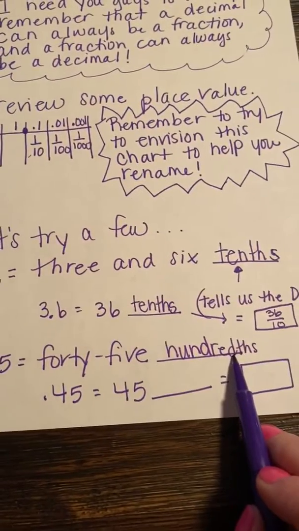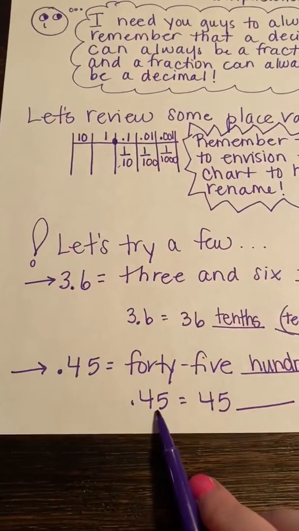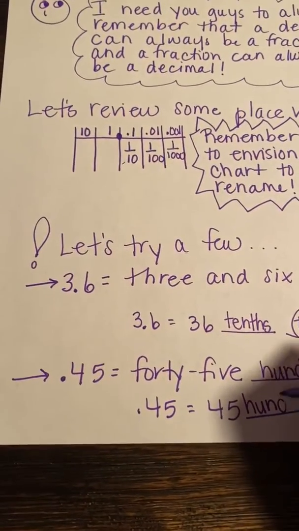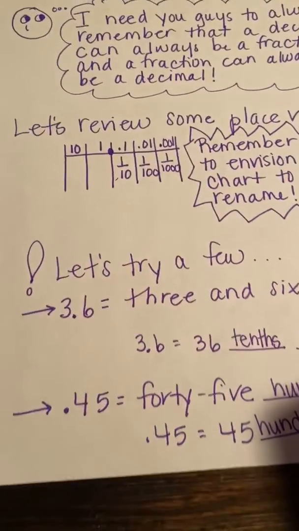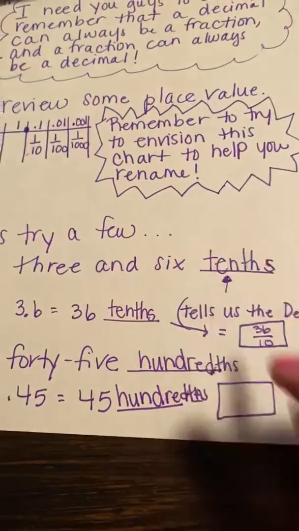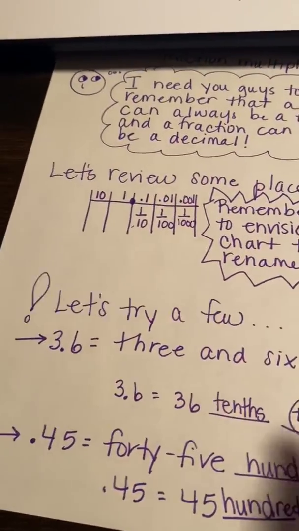This again tells me what my denominator would be, so 45 hundredths. So my denominator is going to be over 100.